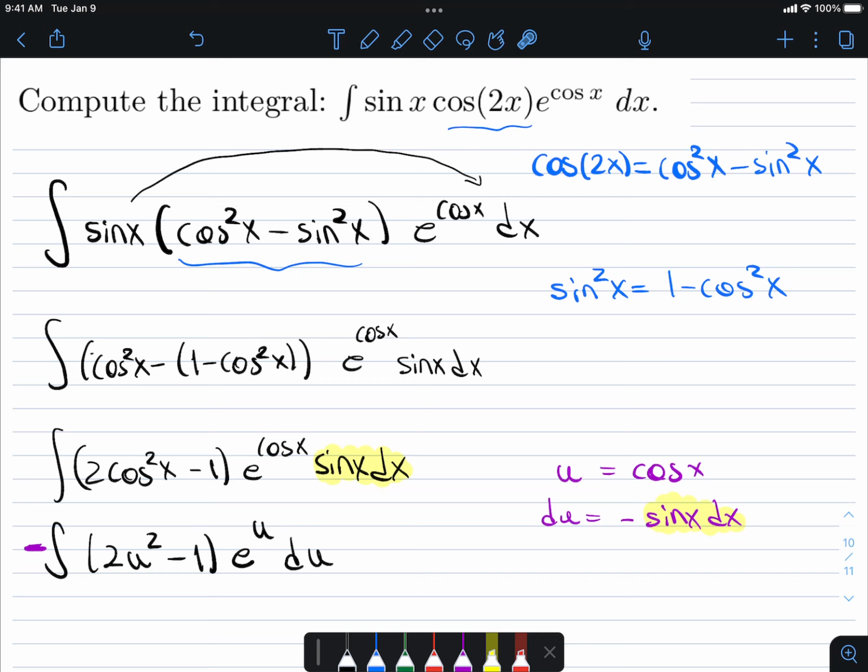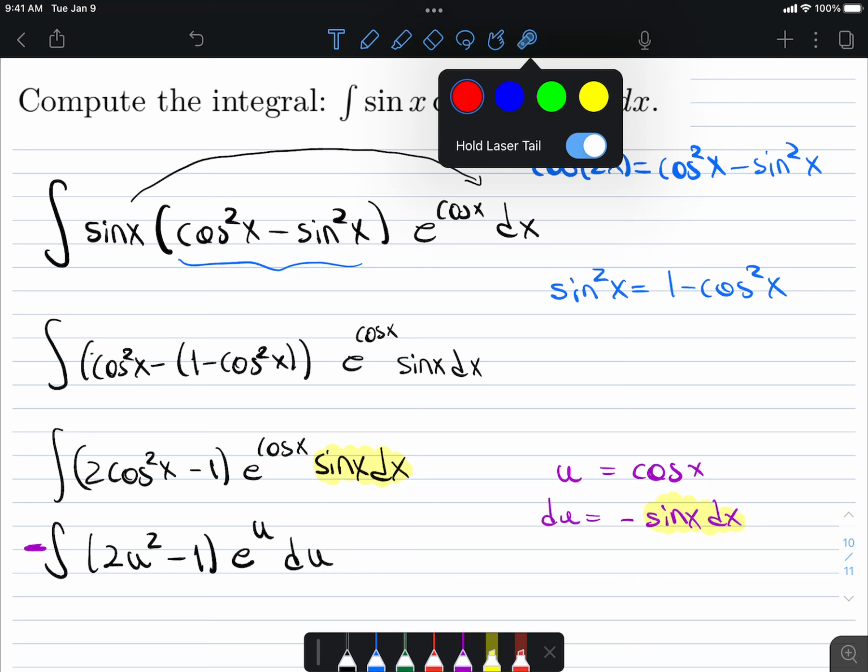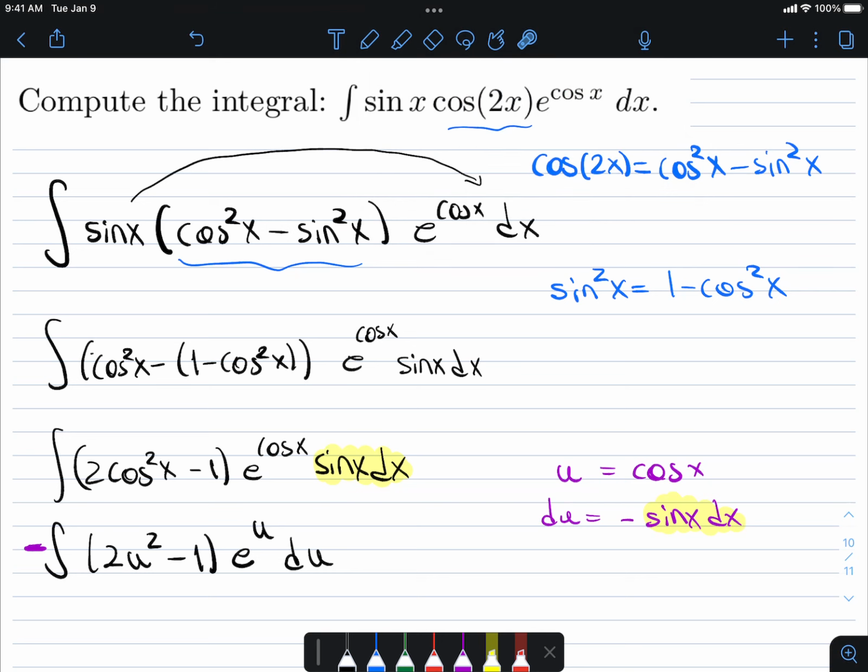Okay, so this is a lot better already. Maybe not a lot, but significantly better. You can already see that you had 3 terms multiplied together, and now you only have 2. So it's already an improvement.